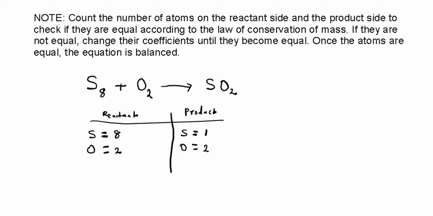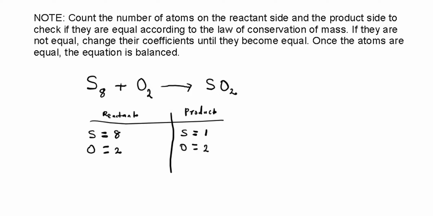Now let's check. Let's start with sulfur. Here, sulfur has atomic number 8 in the reactant side. In the product side, it has what? Atomic number 1. That means it is not balanced.